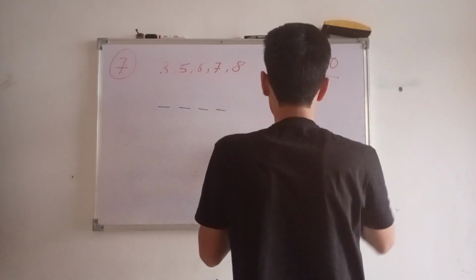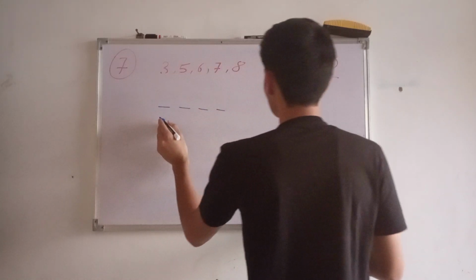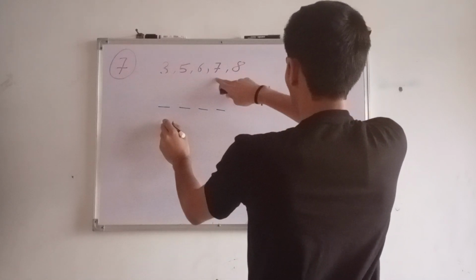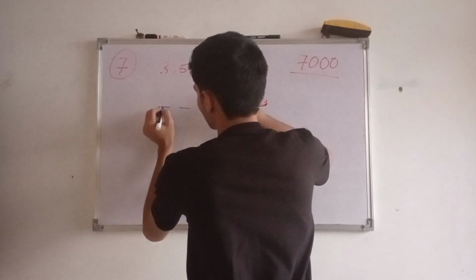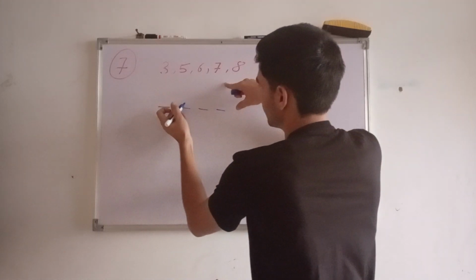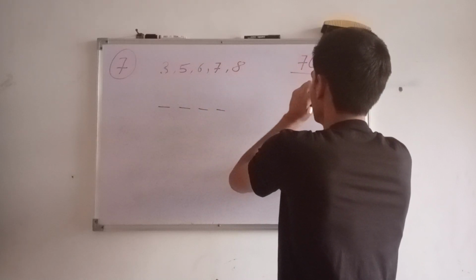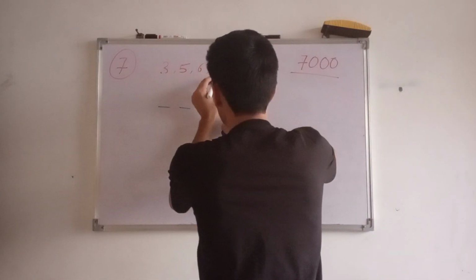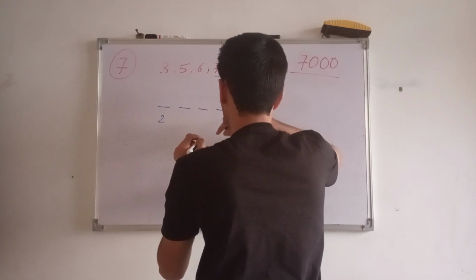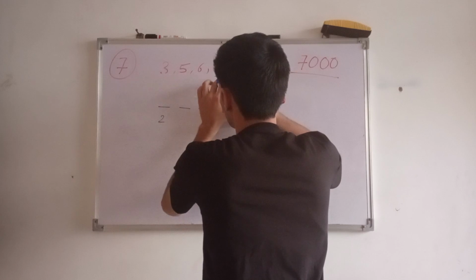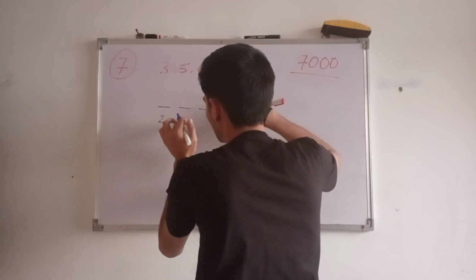Let us first see all possible 4-digit numbers greater than 7000. If you want it to be greater than 7000, then the first term should be equal to or greater than 7. We can't keep 3, 5, 6 here, because then whatever number we get will always be less than 7000. So the first term can be 7 or 8, only 2 possibilities. Once one of these comes, we will be left with 4 terms.